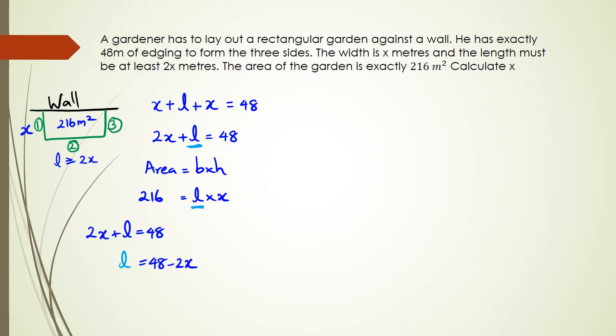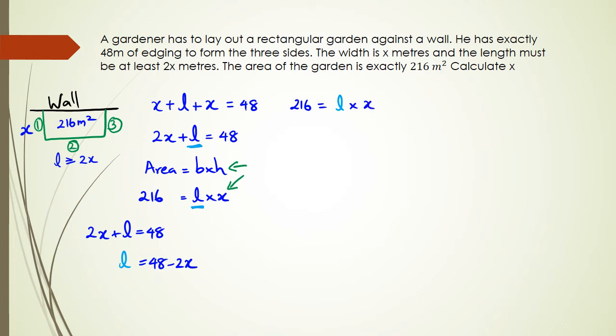So now that I have L equals 48 minus 2x, I can go back to the area formula, which is this one here. I know that 216 is equal to L multiplied by x, because that is base times height.